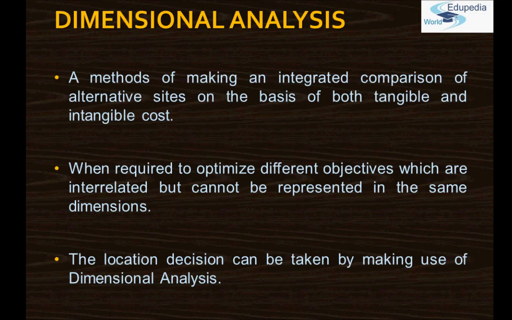So when you have both of these kinds of factors to be compared, of course we would like to optimize all of these at the same time. So in these cases we use dimensional analysis.